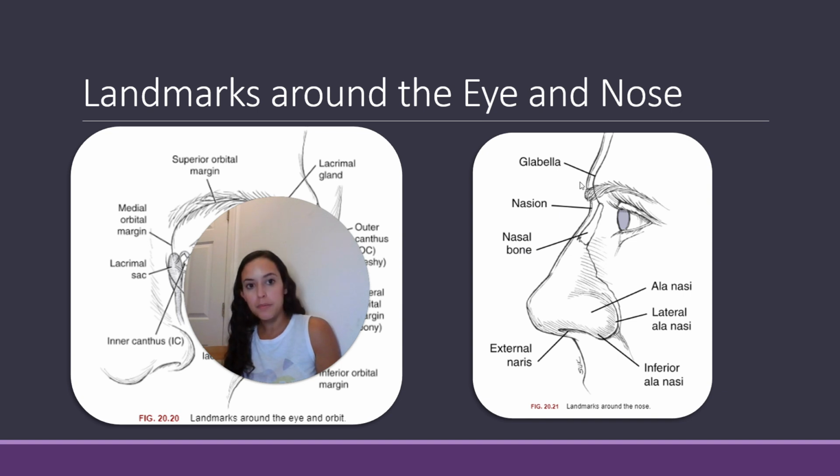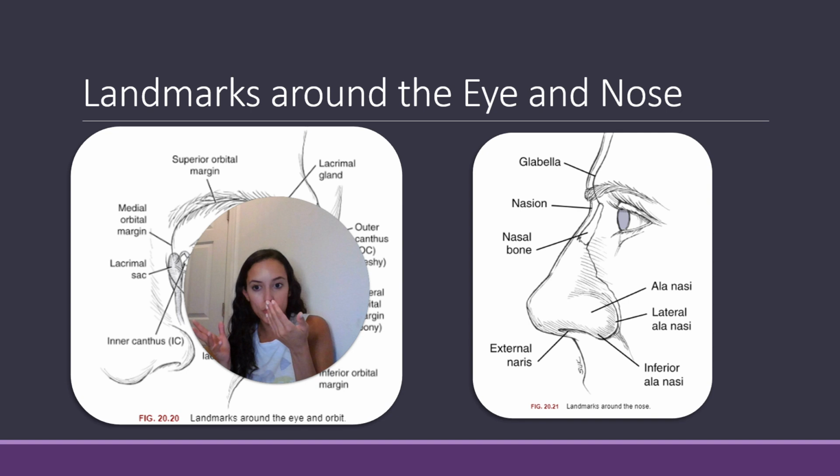So here we go. The glabella, again, Botox. The nasion, where the nose meets the forehead. The alae nasi, or nasi, I'm not sure which. Those are the sides of your nose, basically, where they're made out of cartilage. So, if you ever look at a skull, these are kind of gone.